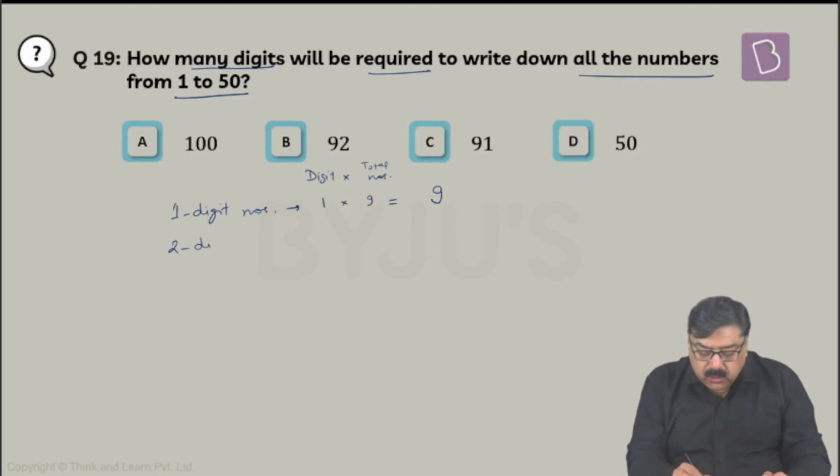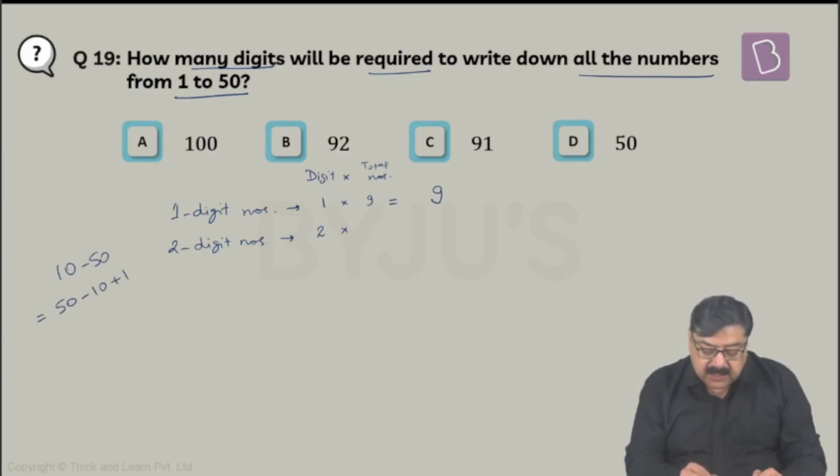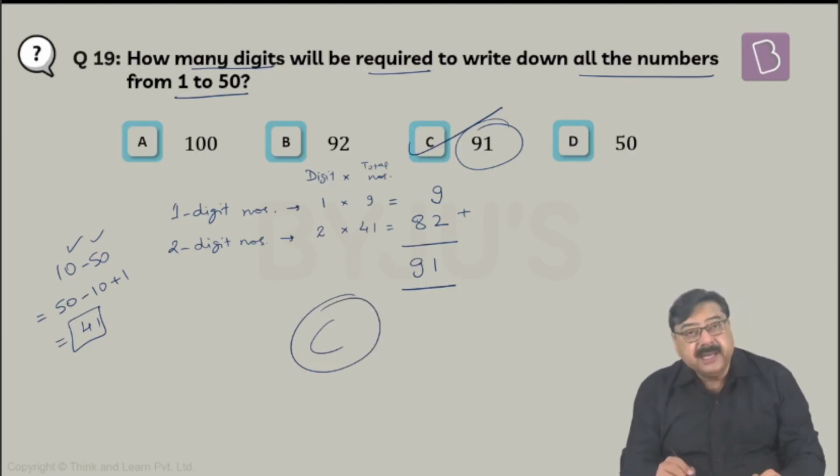Now two-digit numbers consist of 2 digits, and from 10 to 50 there are in total 50 minus 10 plus 1 numbers, that is 41 numbers, because both 10 and 50 are included. So 2 into 41 gives us 82. So 9 plus 82 will become 91, which is given to us in option C.